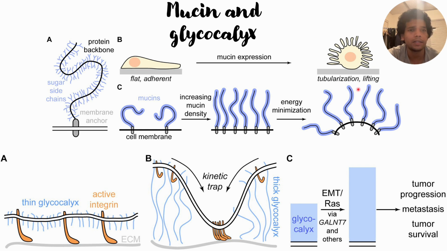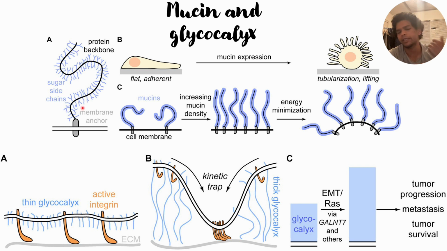So we will start with the top figures, which are about how mucin plays a role in cell morphology. Panel A of the top side of this slide represents the figure of mucin, where the protein backbone is represented by the black line, and it is decorated by sugar side chains.